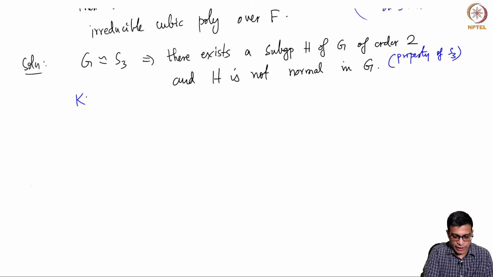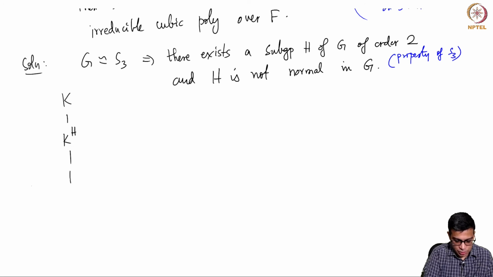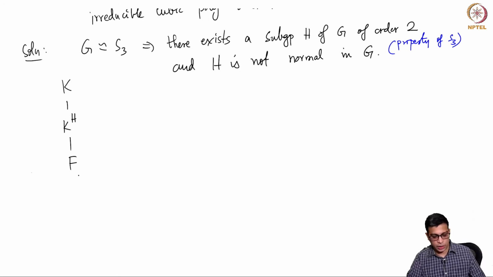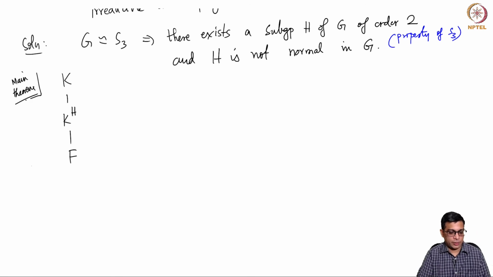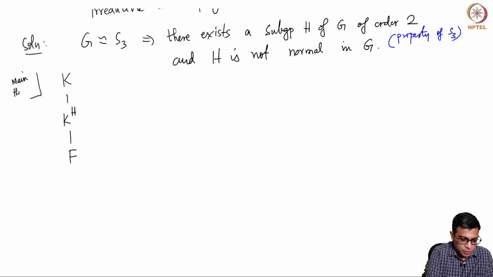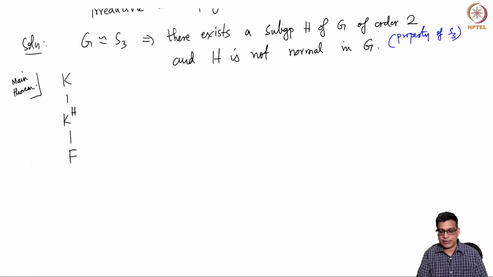So now we have K, the fixed field of this, let's call that K^H, and living underneath all that is F. Now the main theorem of Galois theory says, here we do need the full force of the main theorem in this problem. What does the main theorem say? First of all, it says that the degree of K over K^H is 2 because the order of H is 2. And the degree of K^H over F is 3 because the index of H is 3, and this whole thing is degree 6.